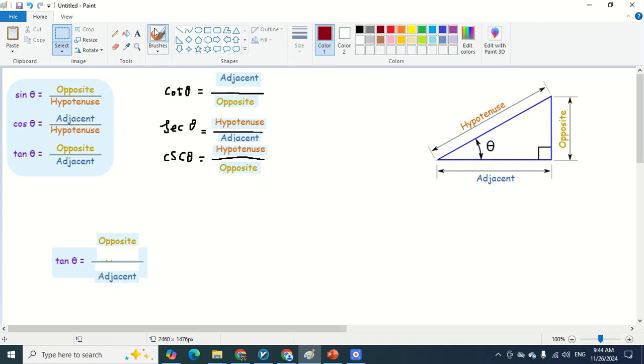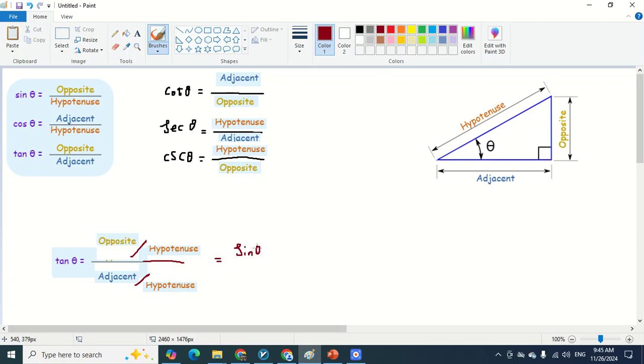For instance, I can divide both of them by the hypotenuse of that triangle. If I divide, as you can see, the numerator becomes sine of theta and the denominator becomes cosine of theta.